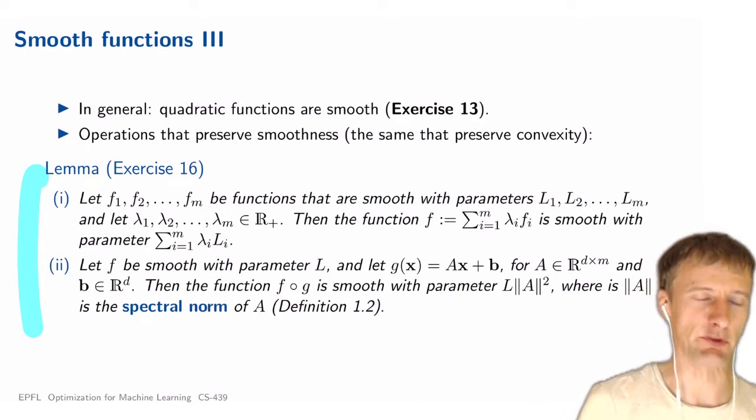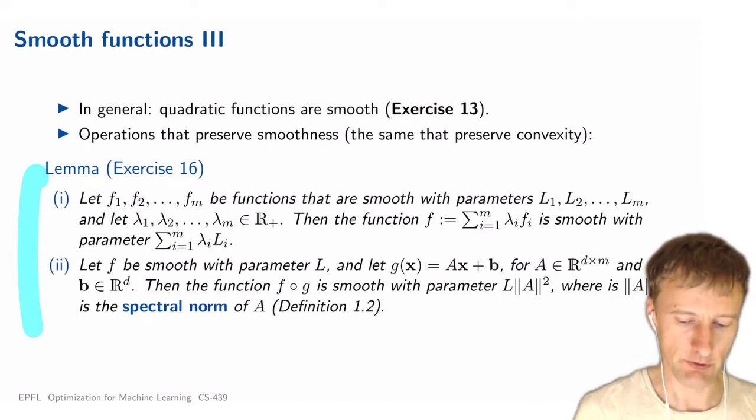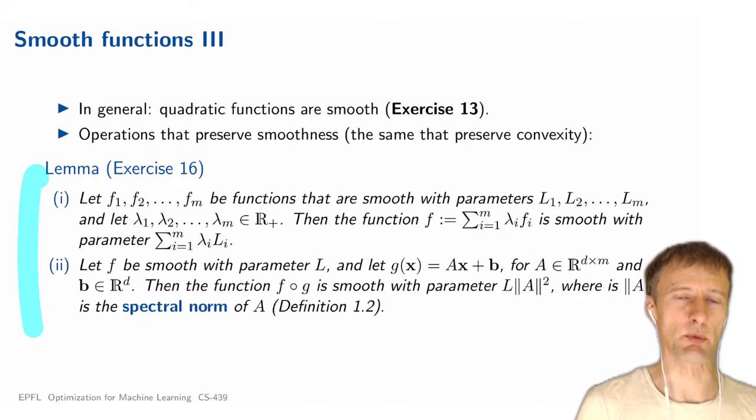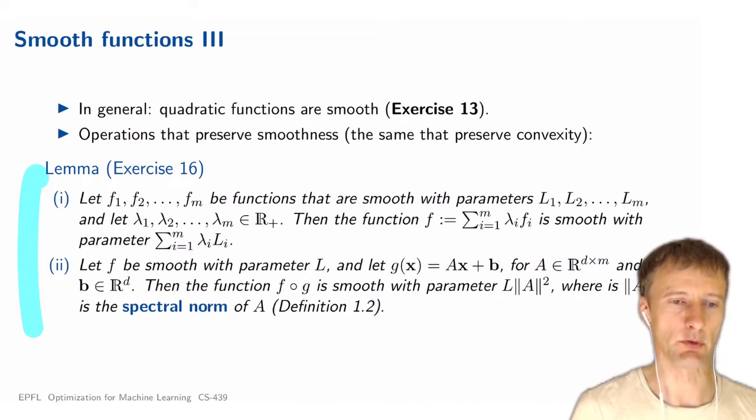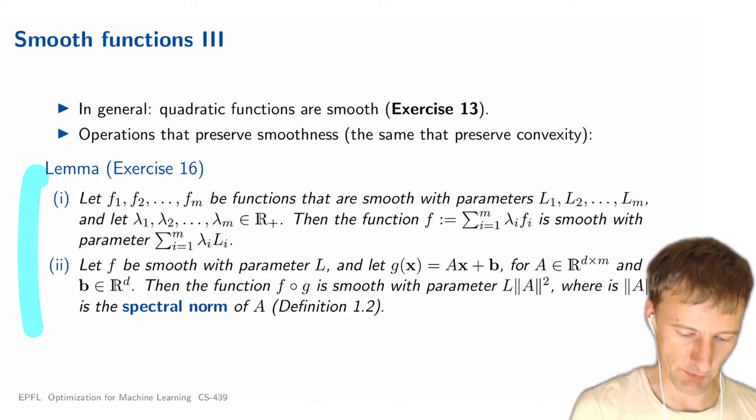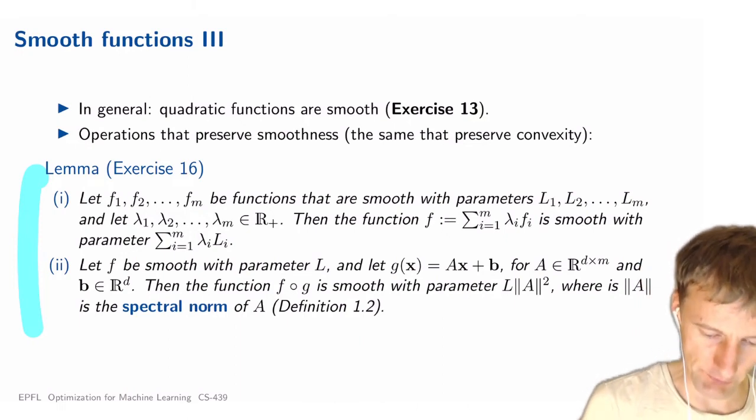It's a bit similar as with convexity also. It was definitely no problem if we had functions where we took a linear combination of them, then the property was preserved. And that is also the case here.